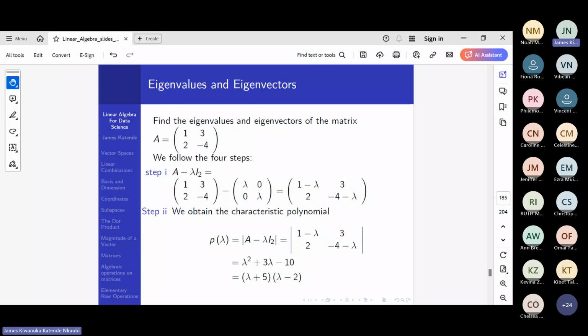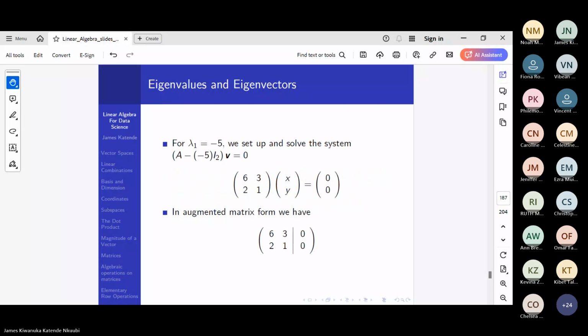Since it was a double negative, you have plus, sorry. 1 plus 5 should give you 6 for this first. 3 plus 0 will give you 0. 2 plus 0 will give you 0. And minus 4 plus 5 will give you, is it 1? Yes, so this is what you end up with.